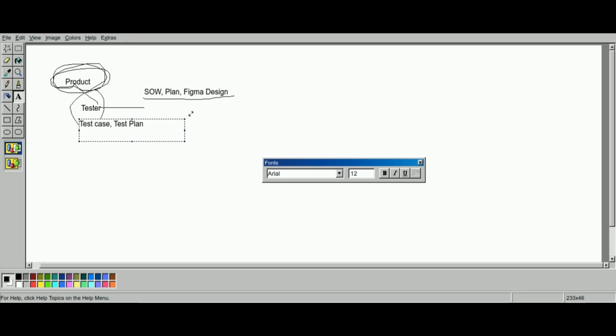So this is exploratory testing. When there is no SOW, no plan, no Figma design, that time the tester will gain the internal product knowledge. Simultaneously, the tester will make the test case, test plan. This is exploratory testing.